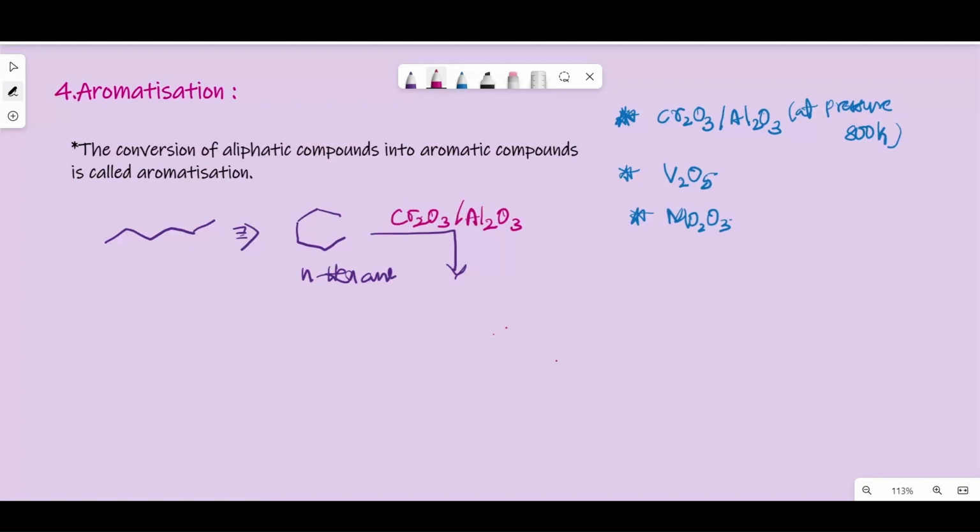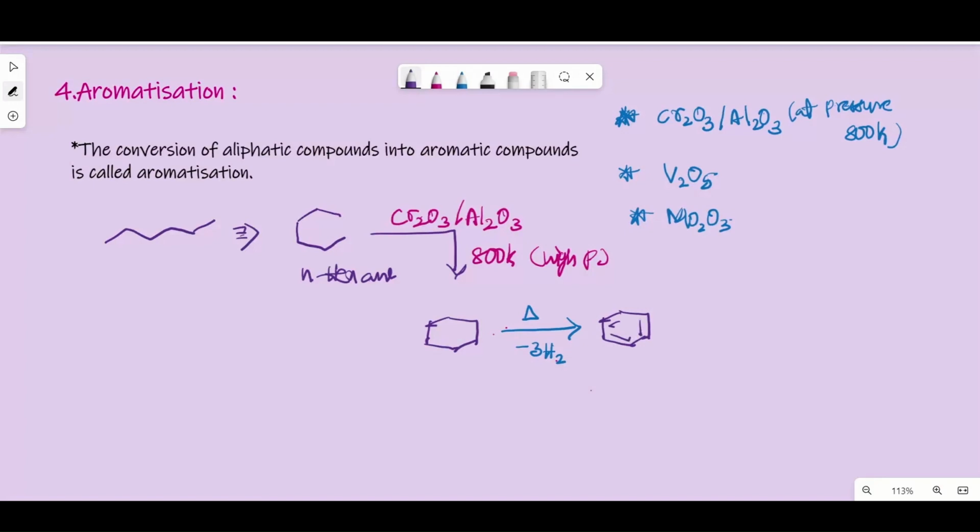These are very important, at 800 Kelvin and high pressure. So first you will get cyclohexane, then hydrogens will be removed from each carbon, in the form of minus 3H2. If you heat this compound, then we will get benzene as a product. So this is about aromatization.